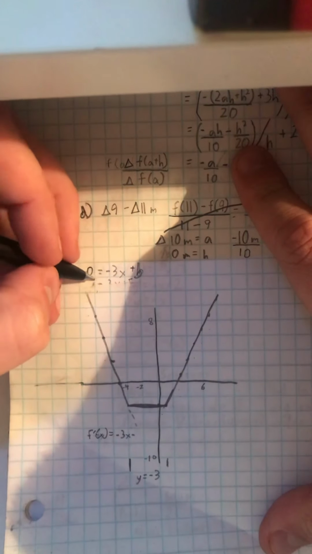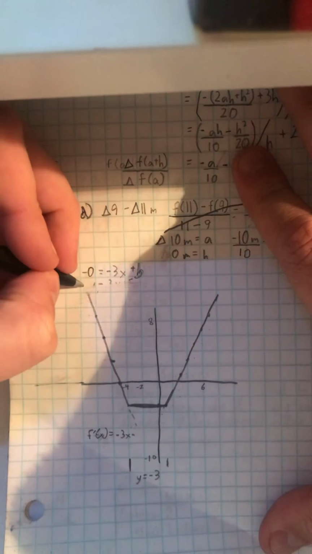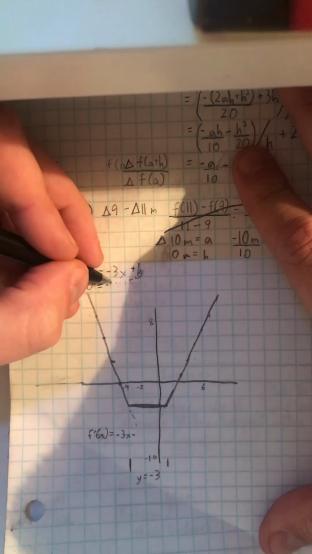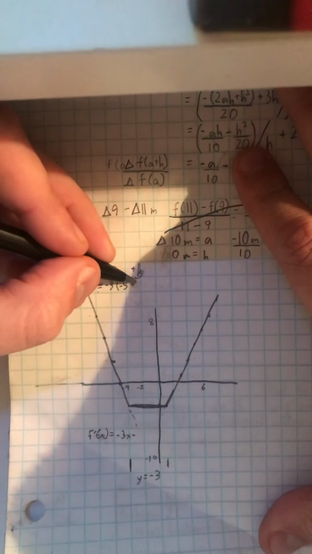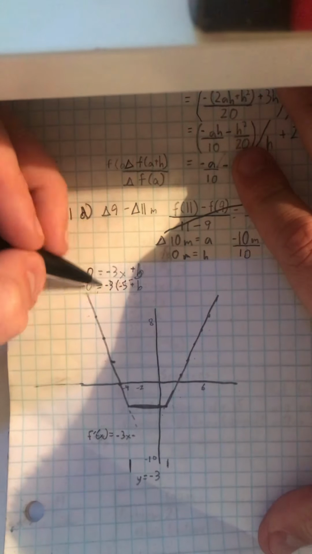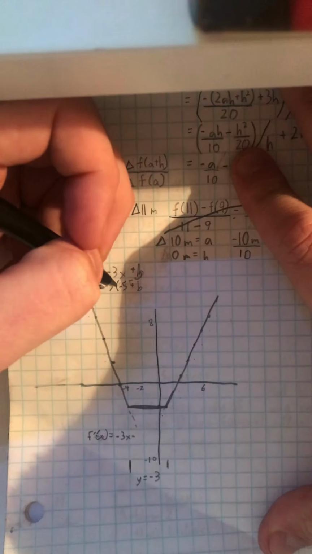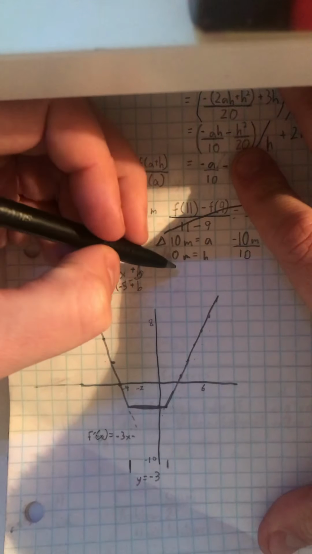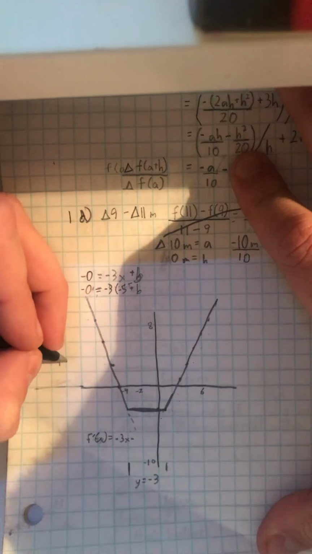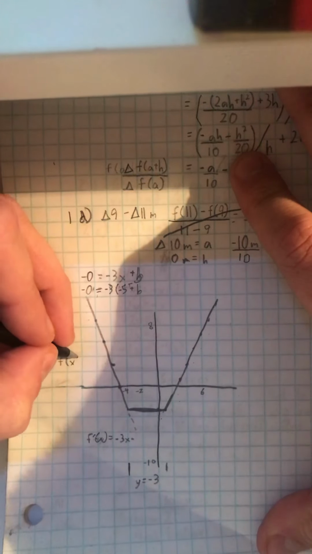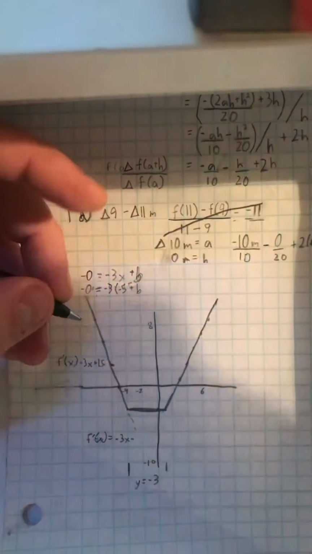And x is 5. So 0 equals -3 at -5 plus b. So this comes out to 15. Then we add to both sides, so b equals 15. So this is f of x equals -3x plus 15.